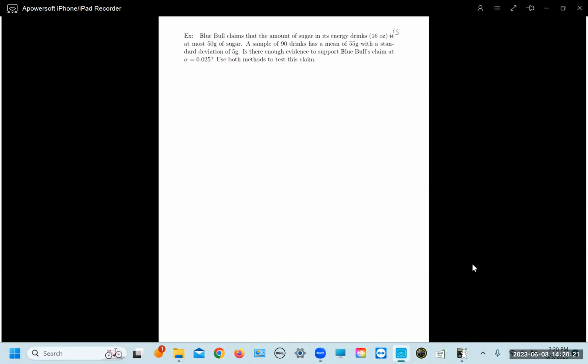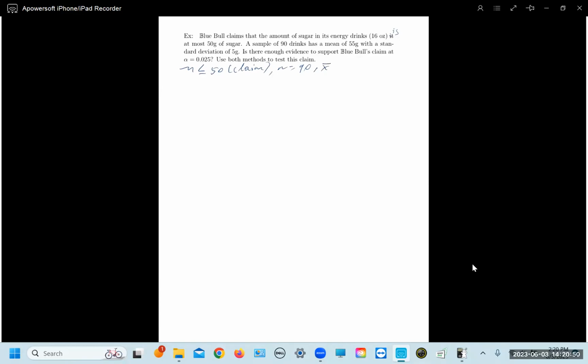So we have mu, that is 50 grams, at most, I mean less than or equal to 50. So this one is the claim. And N is 90, so a sample of 90 drinks.